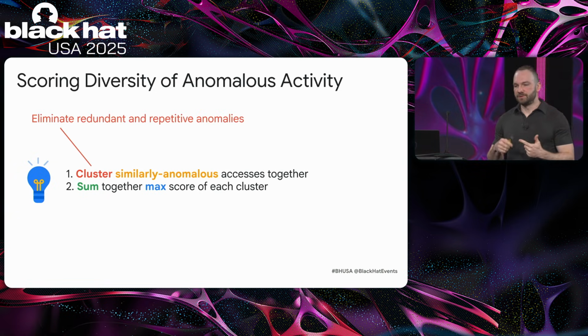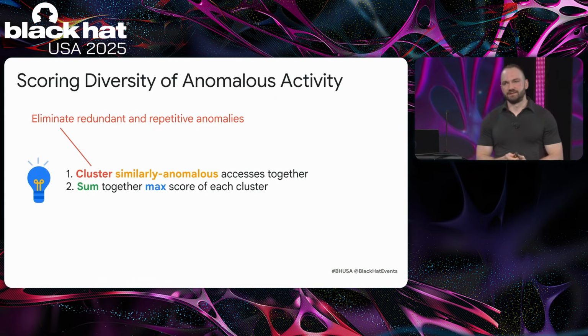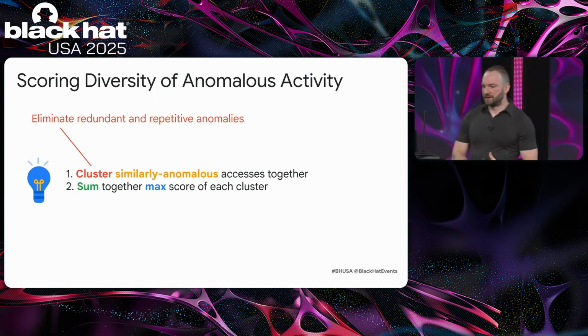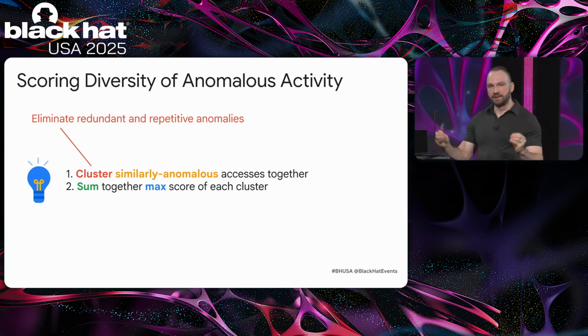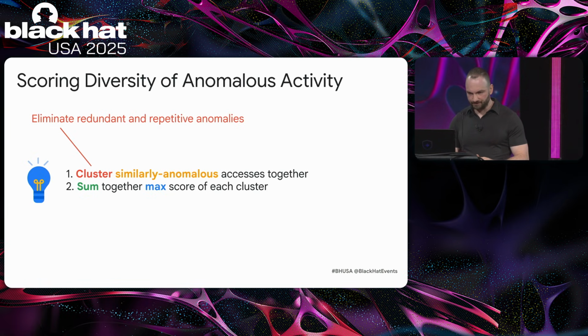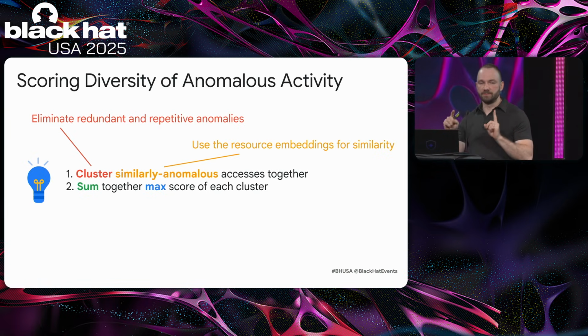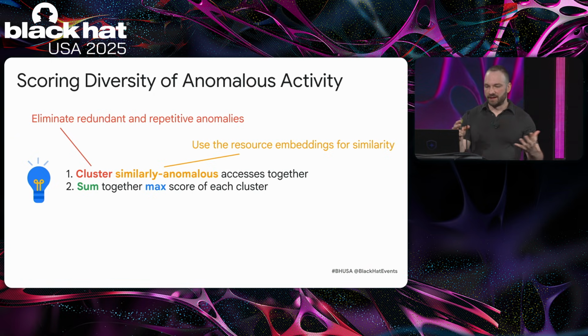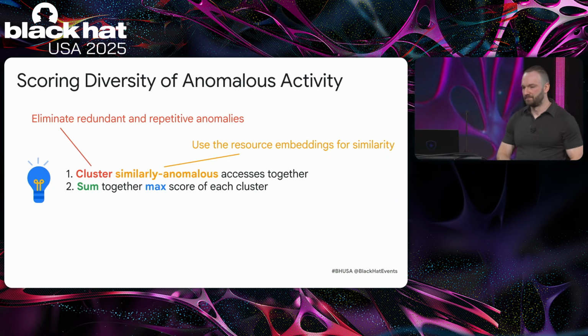We cluster to eliminate redundant and repetitive anomalies. In many, many cases, accesses are correlated, and we want to, in some ways, decorrelate the accesses. We're going to use the embeddings that we've already calculated for the resources to compute those similarities between resource accesses.